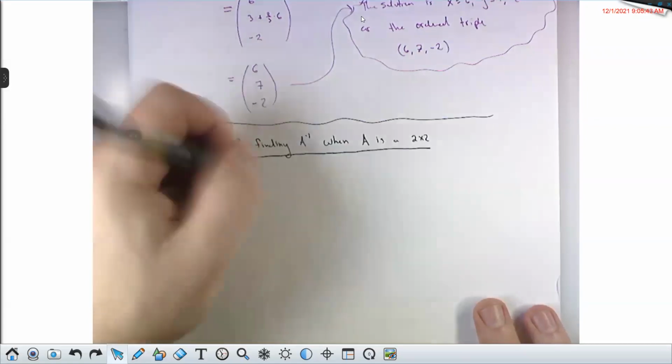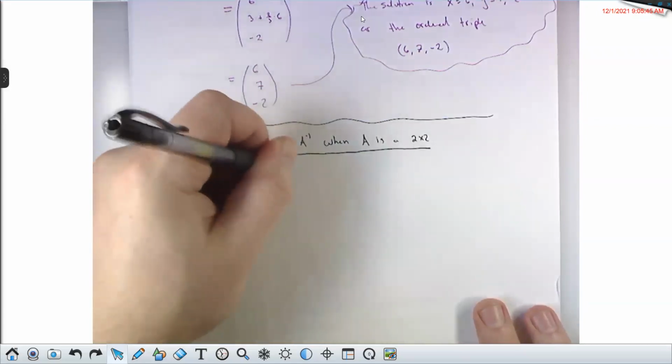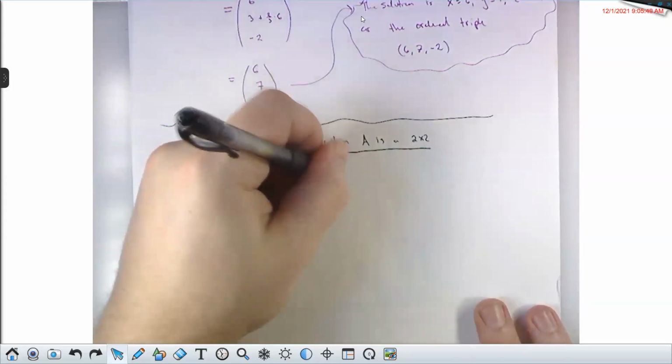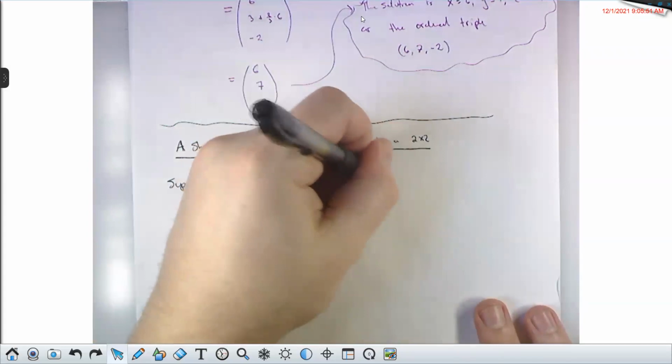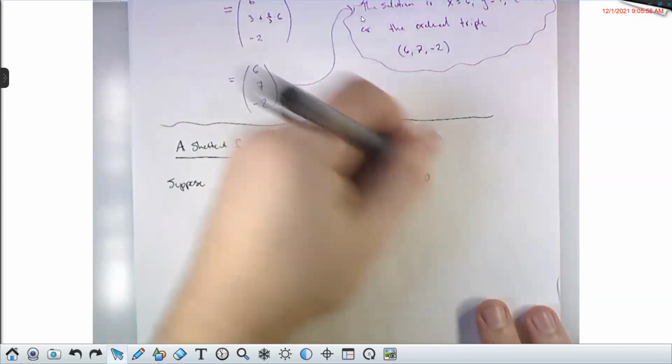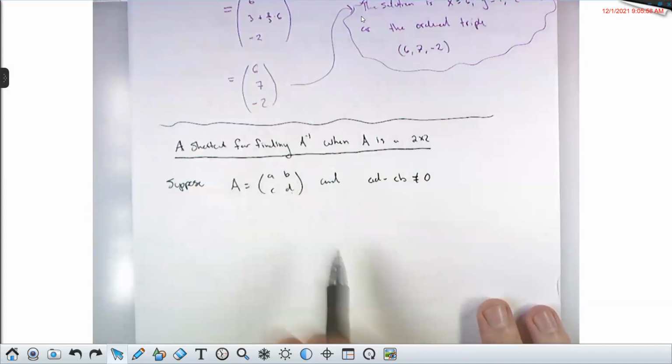Suppose the matrix A is the 2x2 matrix A, B, C, D, and AD minus CB is not equal to 0. So if you multiply this by this, minus this times this, that thing is non-zero.